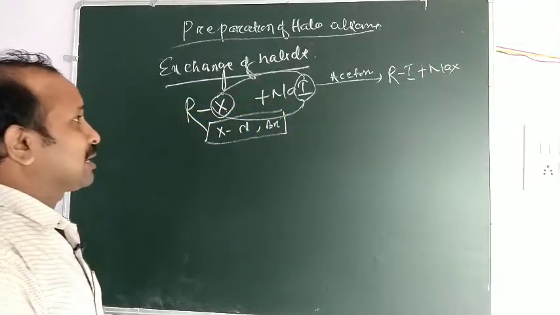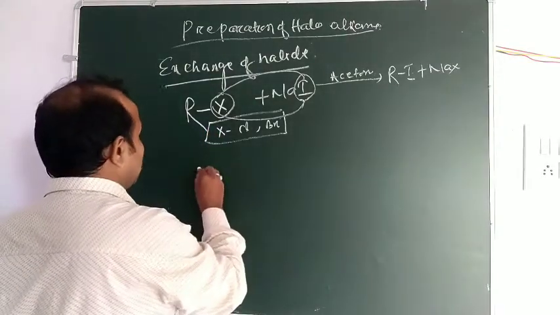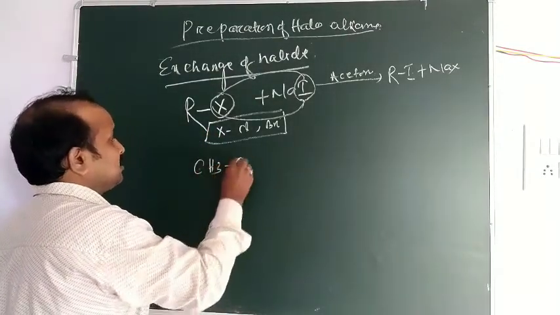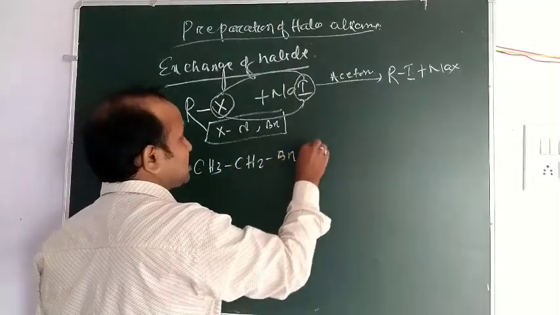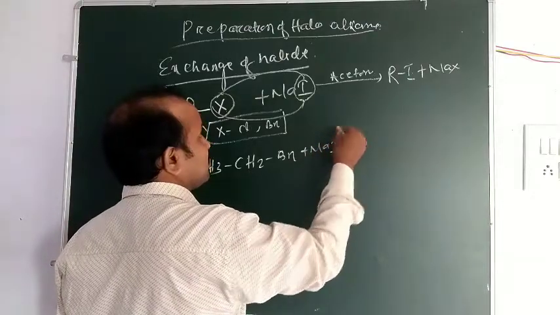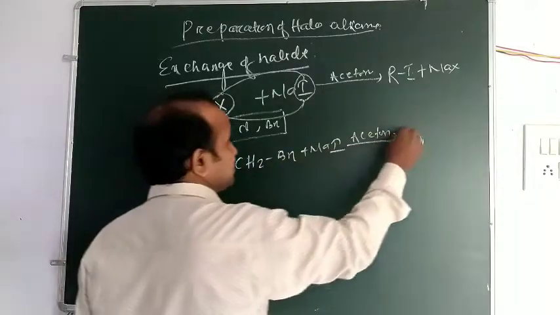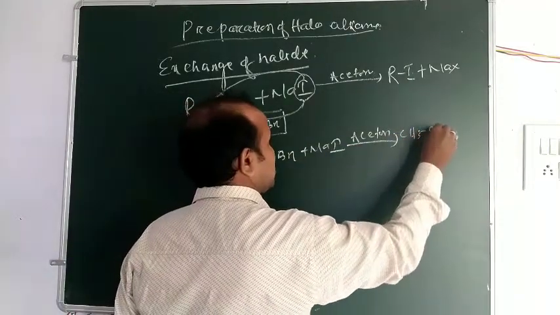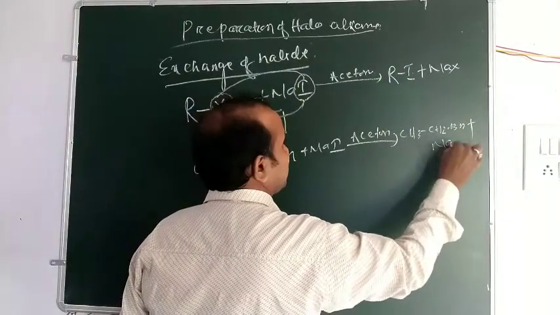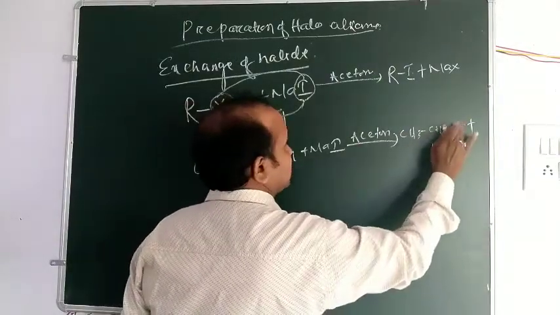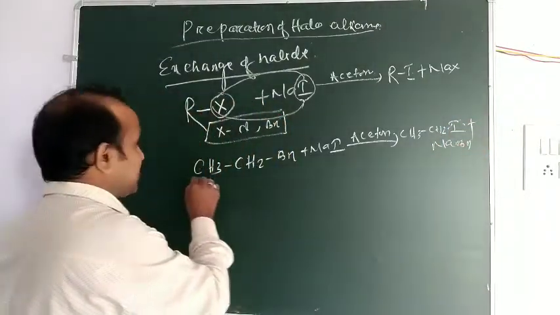For example, CH3CH2Br plus NaI in presence of acetone gives CH3CH2I plus NaBr.